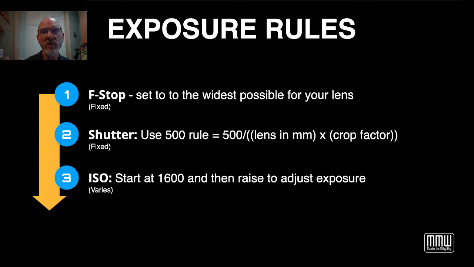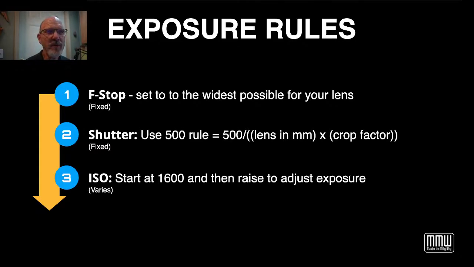For my old Sony a6000, it was 1.6. So I would have to take the 50 millimeter lens times 1.6, and then divide that value into 500, and that would tell me what my seconds would be for the shutter speed.